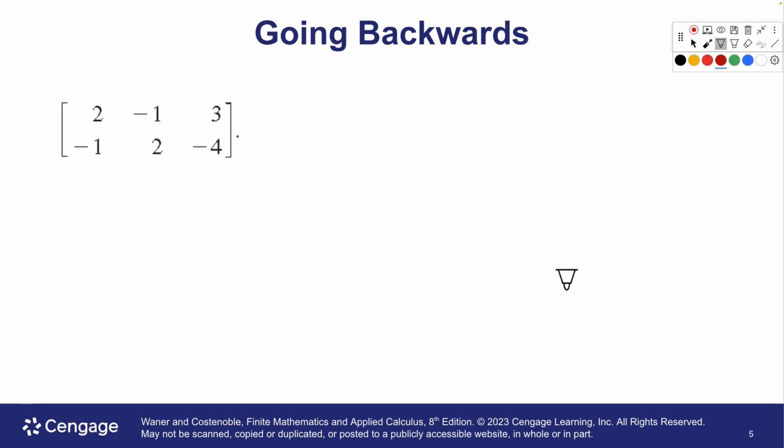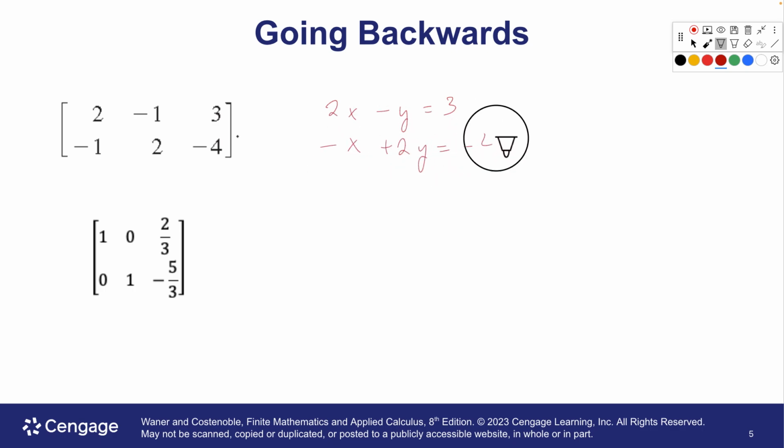So if we had an augmented matrix, we could rewrite the system of equations: 2x minus y equals 3, -x plus 2y equals -4. Down here, same type of thing. x equals 2/3.